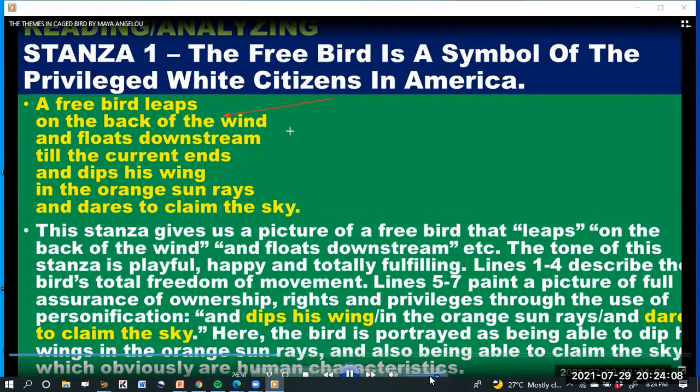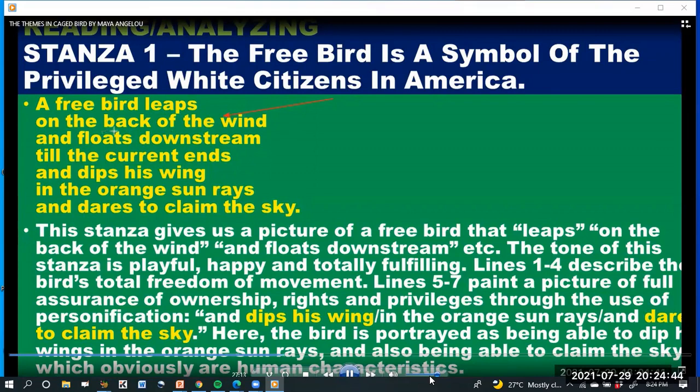In stanza 1, we look at the freedom enjoyed by the free bird. And let's look at it together. A free bird leaps on the back of the wind and floats downstream till the current ends, and dips his wing in the orange sun rays and dares to claim the sky. Wow, look at the freedom he enjoys. Look at the abundance he enjoys and has free access to.